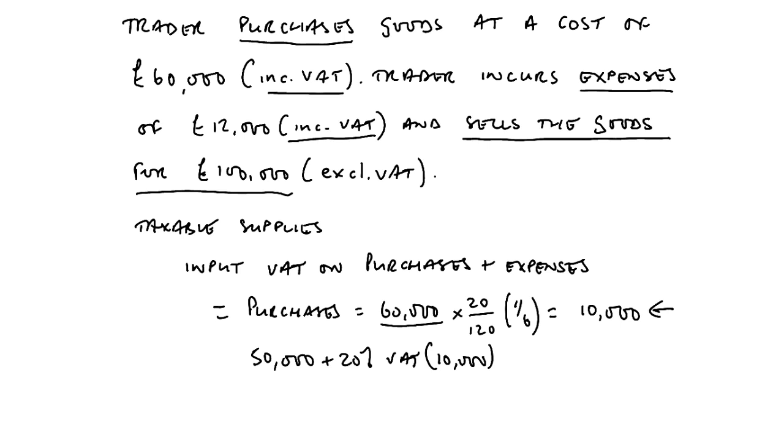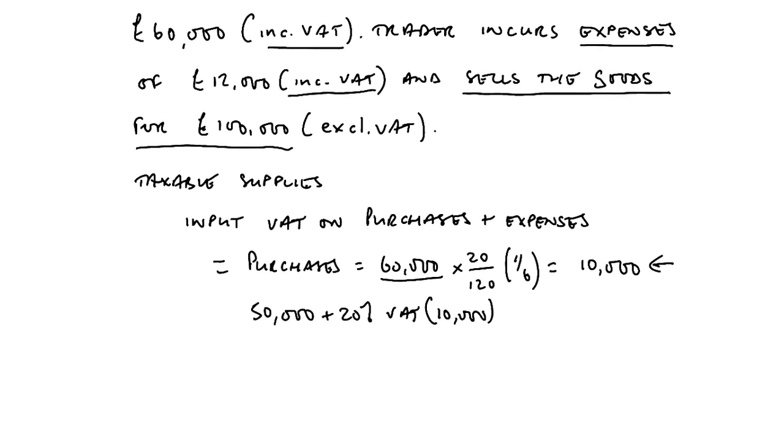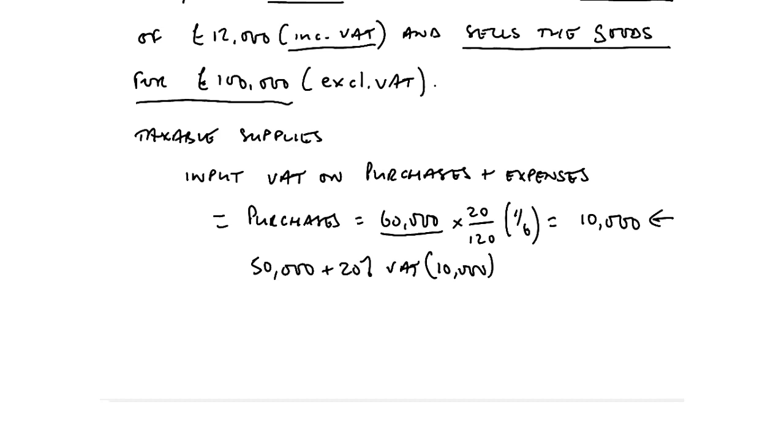So if you need to calculate a figure of VAT, which you may very well have to do in answer to an examination question, the first thing you've got to do is to look at the given figure and read as to whether that figure is inclusive or exclusive of VAT. Because if you were told that the purchase was 50,000 exclusive of VAT, then you'd have to work out 20% VAT on the VAT exclusive price.